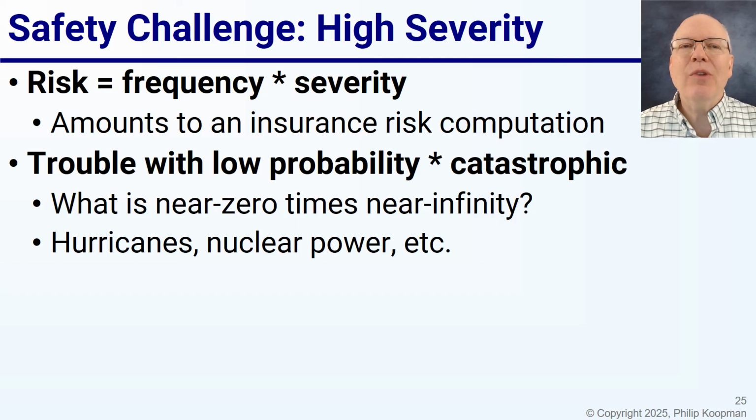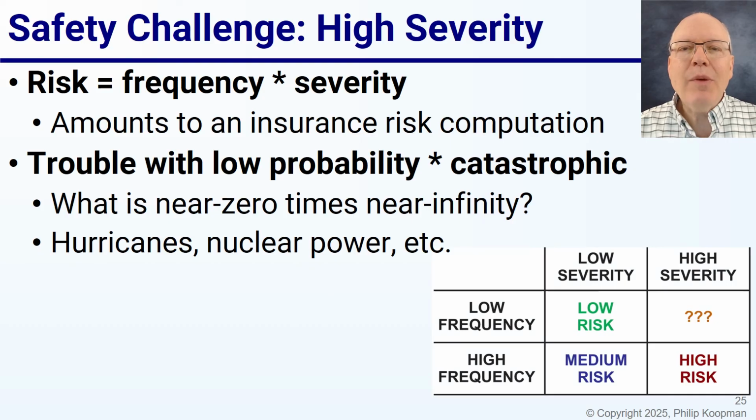That does not really work in practice because things have a way of going wrong. So that's why we have this question mark on the risk table. Low frequency times high severity is a difficult problem, and it's not a mathematical probability calculation. It's much more a risk tolerance question and a social acceptance question.